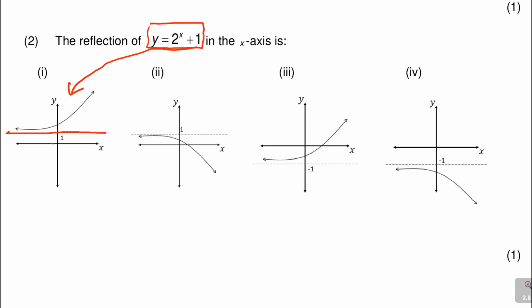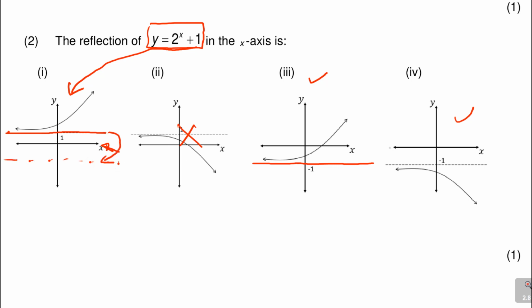So if you reflect, it means you will have this asymptote jumping to -1. So we are going to look at the graph that has got -1, which is this one. This one is off, or this one, because it's got an asymptote that moved, remember, along the x-axis. So we are reflecting here. So this one will come somewhere there to become a reflection like that.